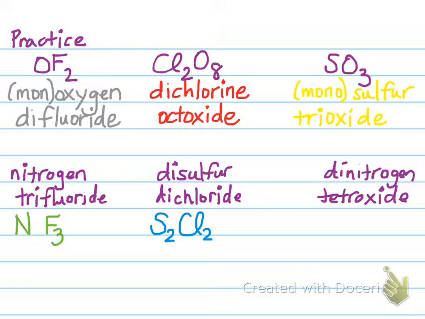Lastly, we have dinitrogen tetroxide. Again, my symbol for nitrogen is N. For oxide, it's O. Di means 2, so I have a subscript of 2 on nitrogen. Tetra means 4, so I have a subscript of 4 on oxide. So N2O4 is dinitrogen tetroxide.